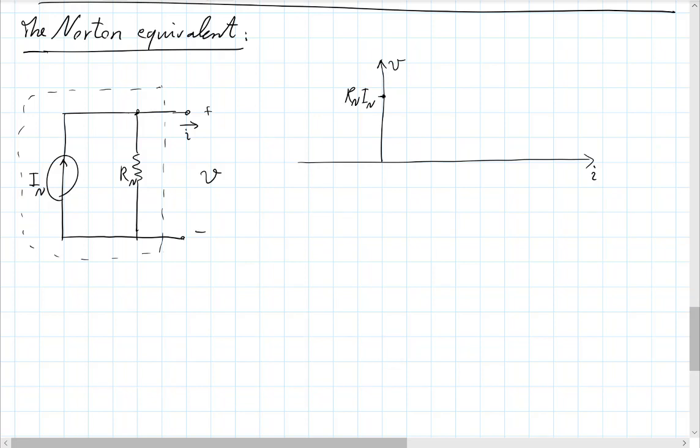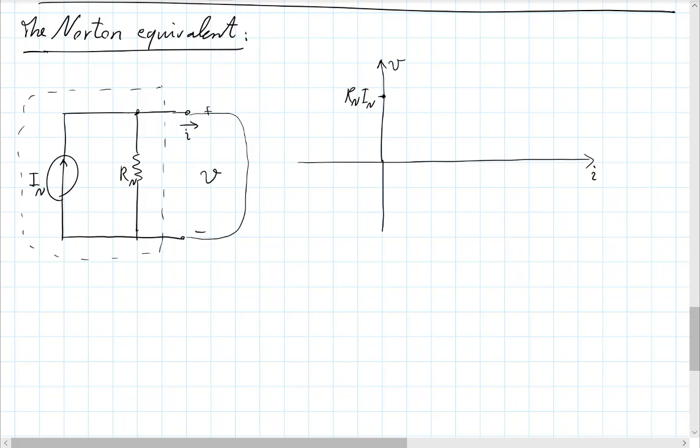Now what if V is 0? If I'm interested in the crossing with the horizontal axis, so if V is 0, which means I have connected those 2 points with a wire, what will the current be that goes through that wire? What is the current I? It's just IN, because that wire has short-circuited the resistor RN.